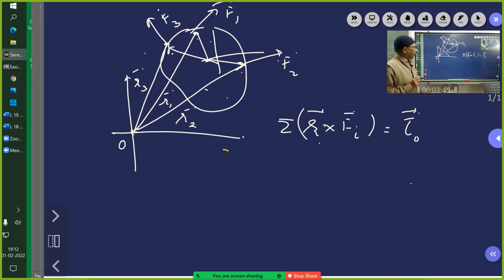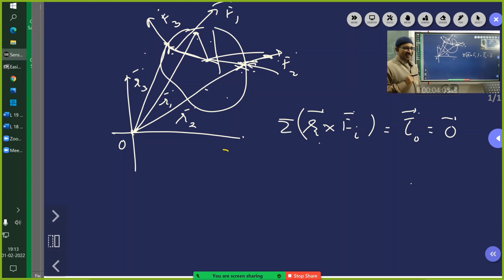Now the second point. If this torque is equal to 0, and if there are 3 forces, then it can be proved that all these 3 forces are going to meet at some point, or they are concurrent. That was the sum and substance of yesterday's discussion.